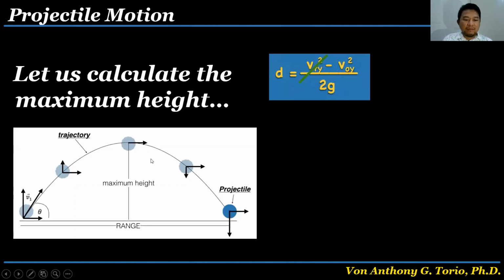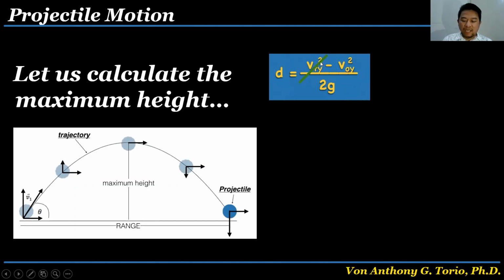can be calculated by considering one of the equations that we have for projectile motion. And that's equation number 6, this equation. Again, the equation that we have here considers final velocity along y at the maximum height to be 0.